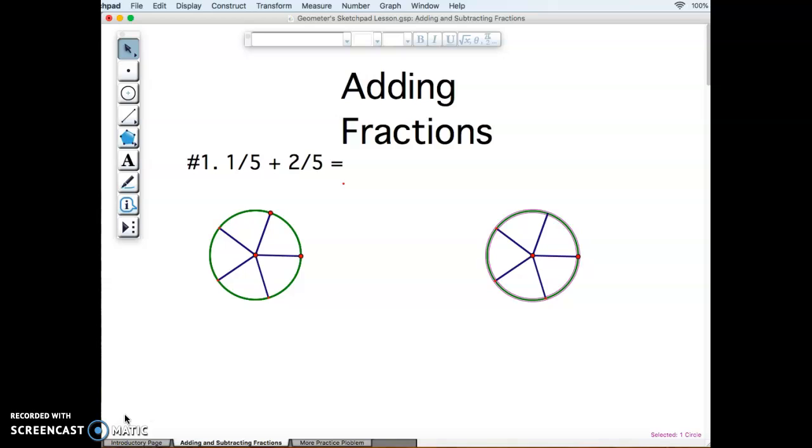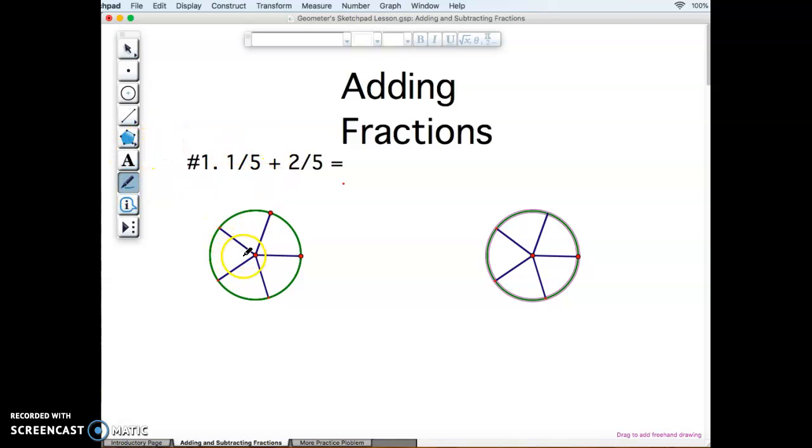And just to help you visually, I have two circles here that are divided into 5 equal parts. What we're going to do here is take this first circle that is divided into 5 equal parts and use it for the first fraction. So here we just have 1/5.